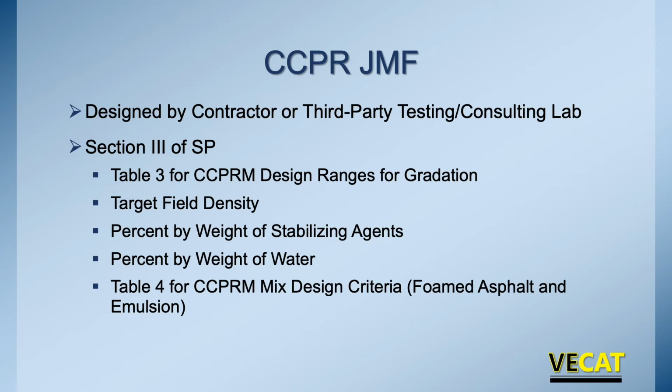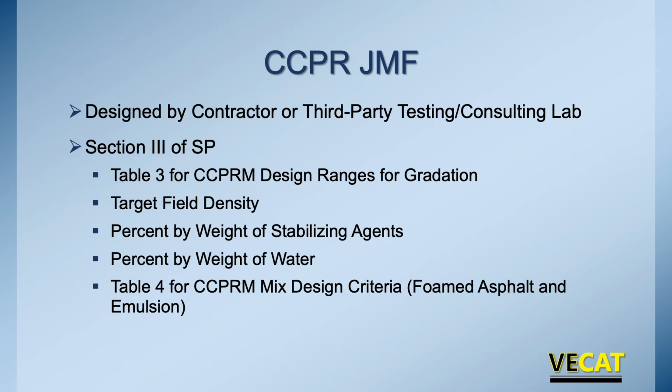Section 3 of that special provision lays out our design ranges for gradation. In Table 3, it says these are the gradations that your material needs to fall in. You also need to provide your target field density. So when you're out in the field doing compaction, what density are they shooting for to ensure they got it compacted properly?